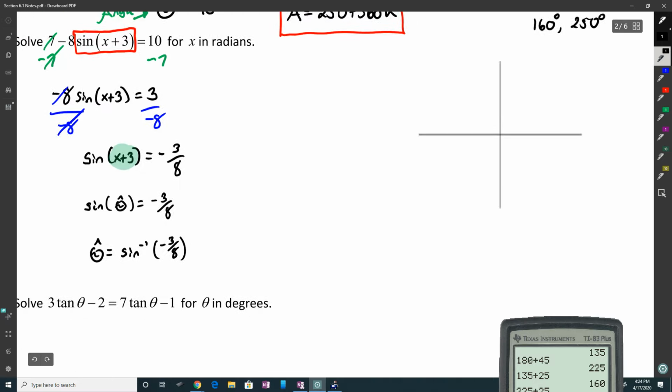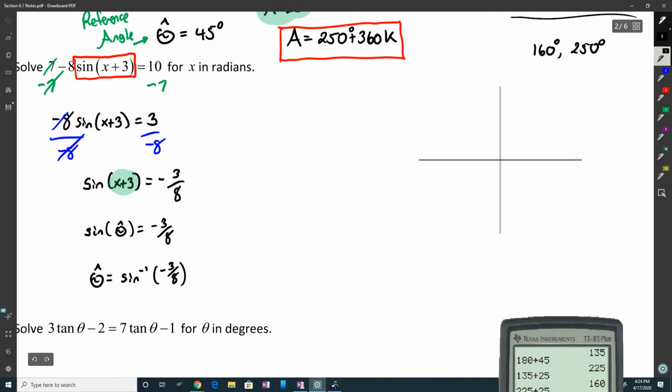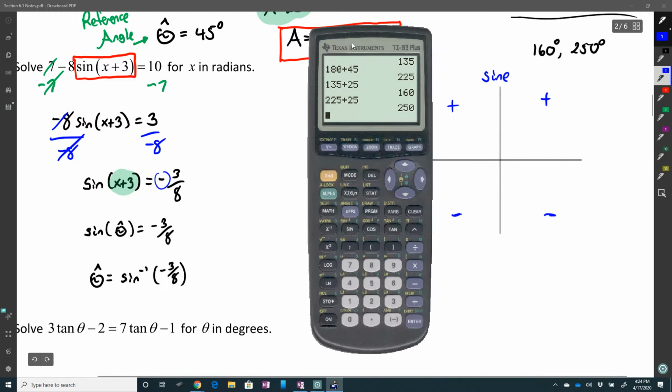Really, you don't need the positive or negative, because I already know what quadrants it's going to be in. Notice here sine is negative. This is for sine. So I know my answer is going to be in these two regions down here. Anyway, I go to my calculator and do inverse sine. Well, first, we have to be in radians.